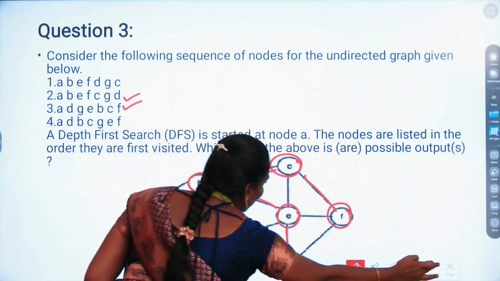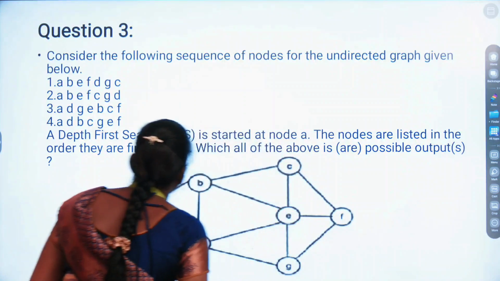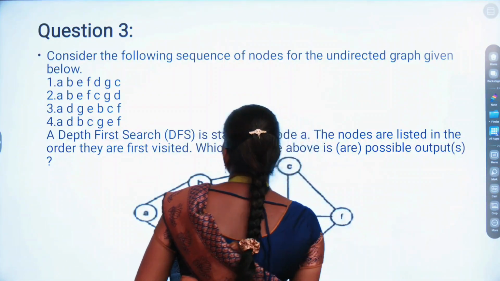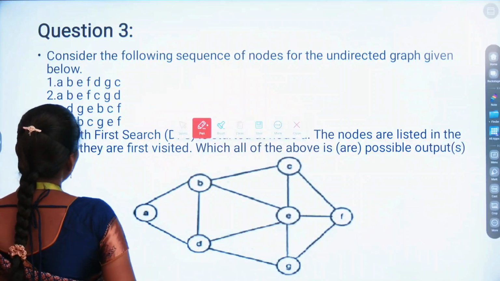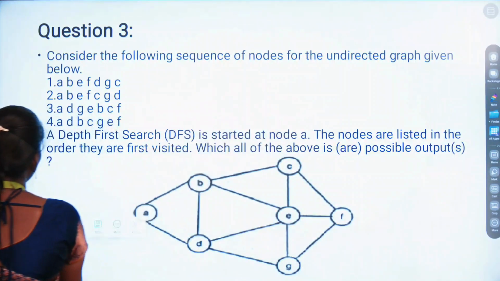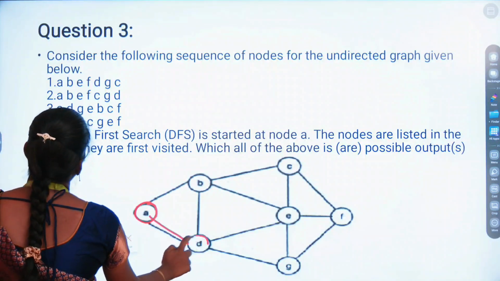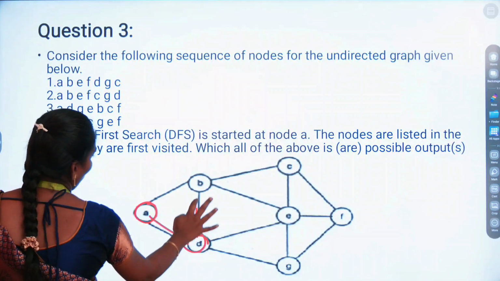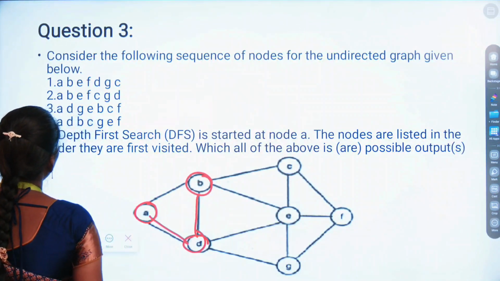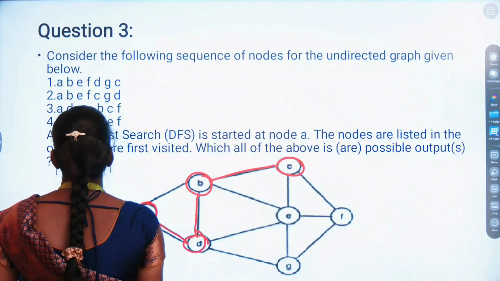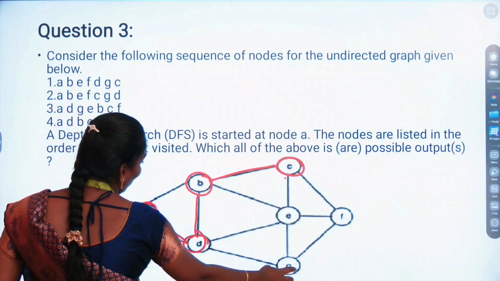Okay, let us try the fourth option also. From A it reaches the node D. Correct. From D it reaches the node B. From B it reaches the node C. From C it reaches the node G. No, not exactly.